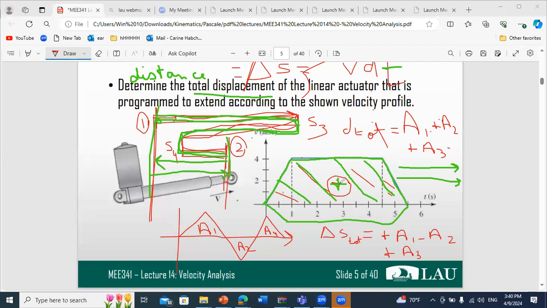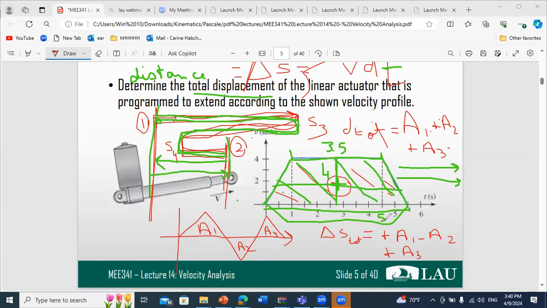As a trapezoid, I have that the height is 4, and I should multiply by the average base of the trapezoid. So the average base is the small base plus big base over 2. The small base is, as you can see, from 1 to 4.5, so it's 3.5. The height is 4, and the big base is 5.5.